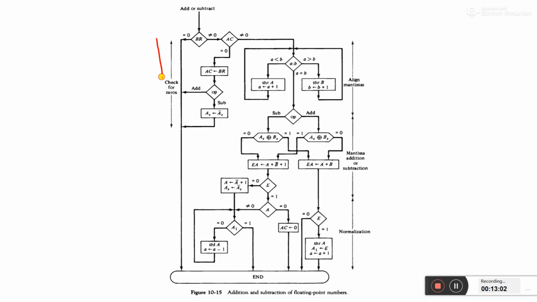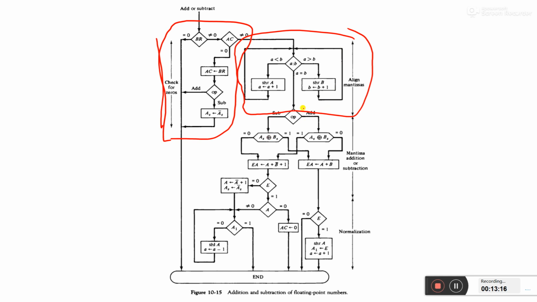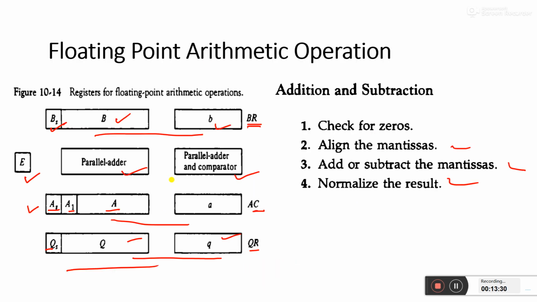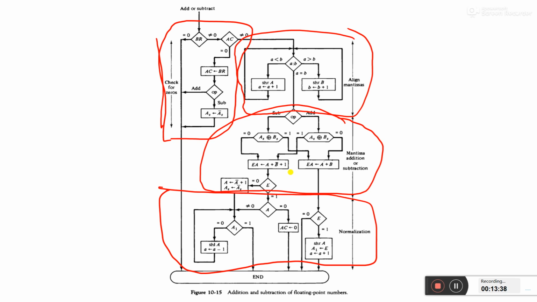This portion of the algorithm is for checking for zero, this is for aligning of the mantissa, this is for your mantissa operation, addition and subtraction, and this is for your normalization. These are all described in these 4 points.